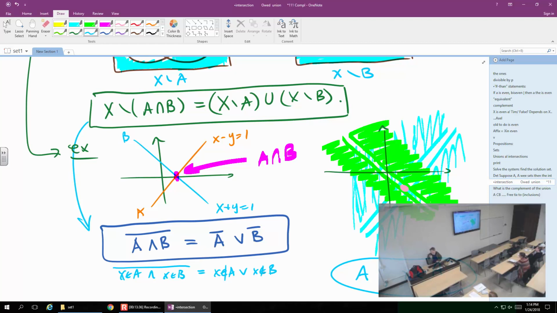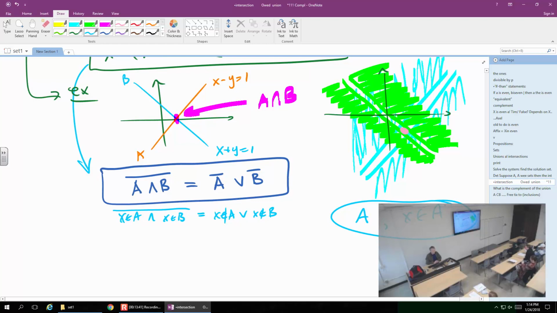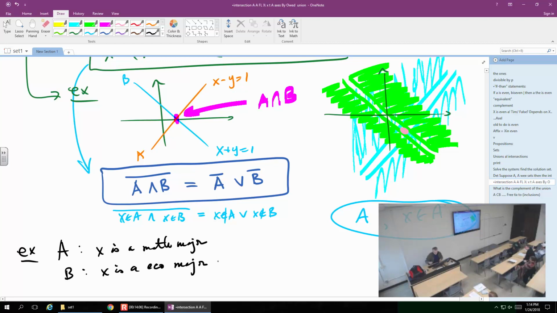So that's the standard way of doing it, but you can certainly think of specific sets that would give you the same example, but something more practical. If we take, for example, A is x is a math major, and B is x is an economics major, then A and B is x is both a math and economics major.